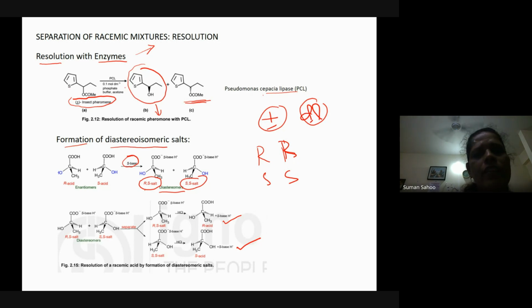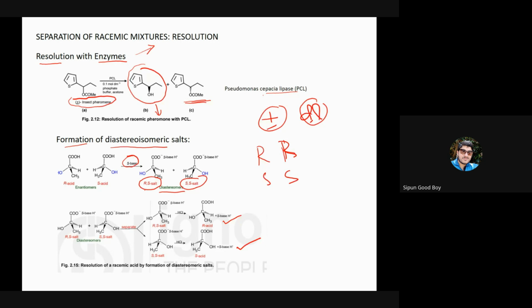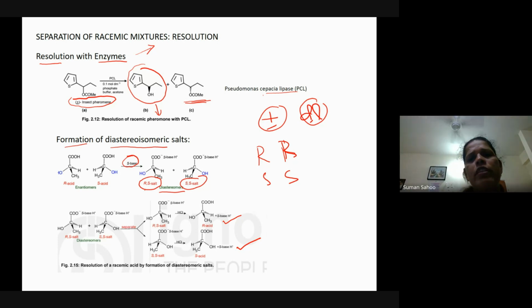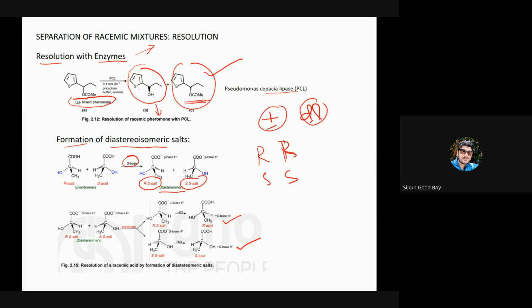The S enantiomer will react, and the other enantiomer will be dormant. It won't react because the enzyme does not have affinity for that one. So you will get the pure form of the unreacted one, and you can easily separate it.